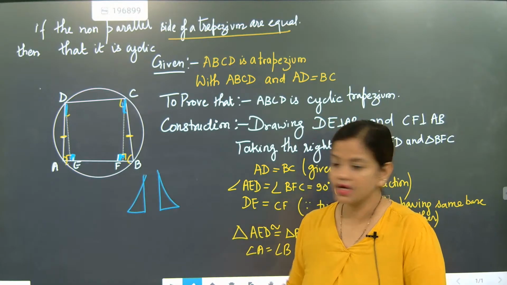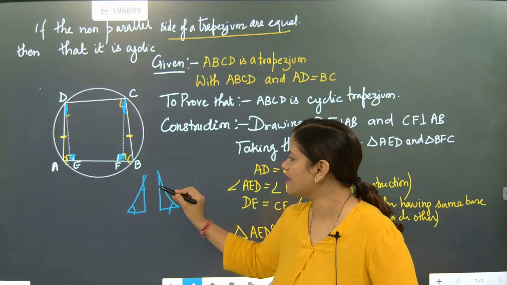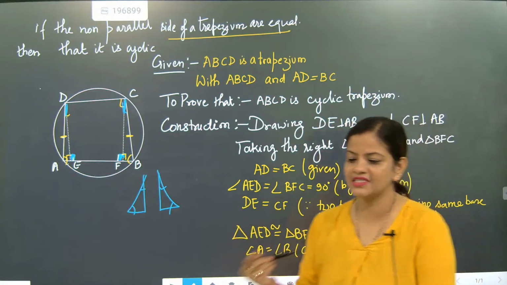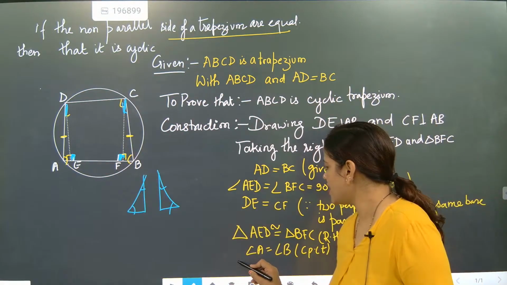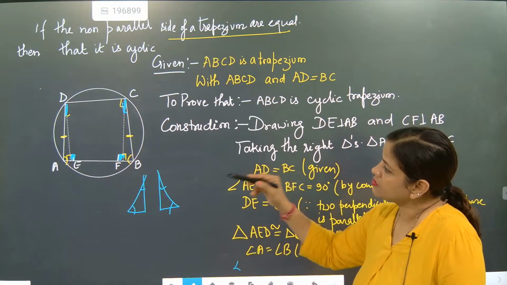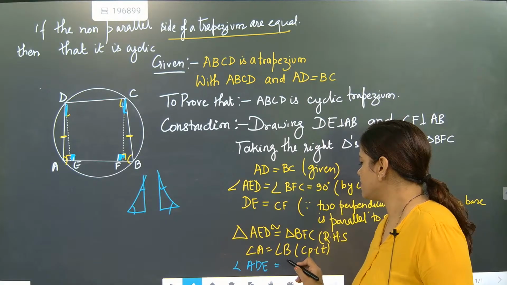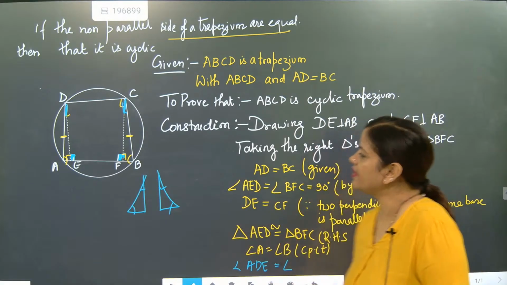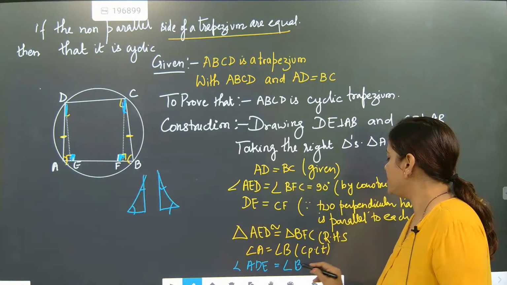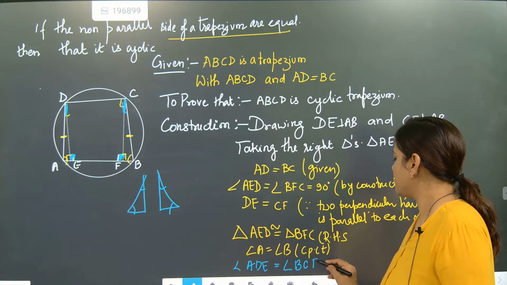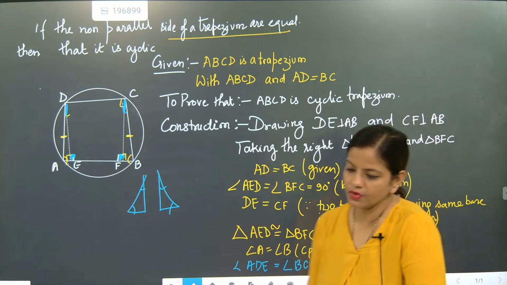Both are congruent. So this angle will be equal to this angle, and this angle will be equal to this angle, by CPCT. So we will say angle ADE is equal to angle BCF, again by CPCT. Note down please.